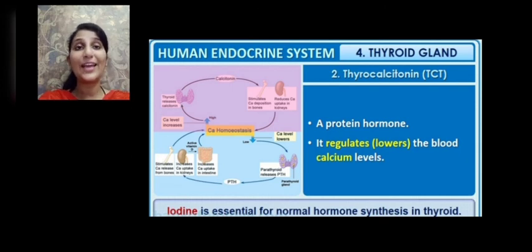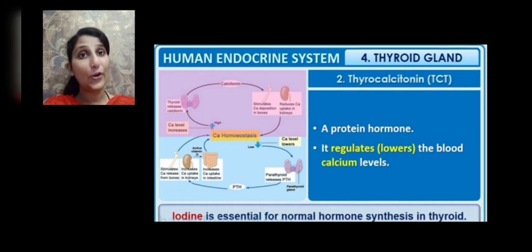How does it regulate the calcium level of our body? By lowering the level of calcium. Whenever there is an increase in the amount of calcium in our body, it brings down the calcium level in the blood. So that is the main function of thyrocalcitonin, TCT.